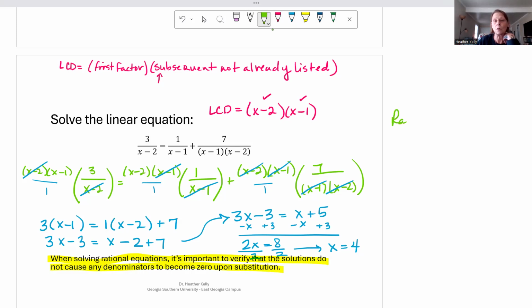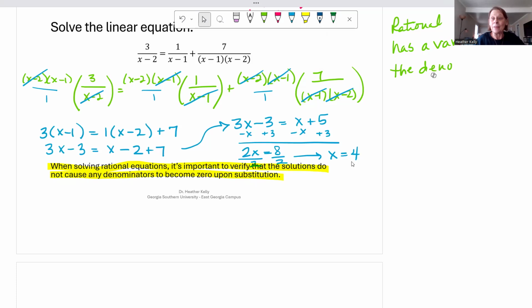So a rational equation has a variable in the denominator. Hold on. In the denominator, sorry, I got a phone call and now I've got to get all back together.